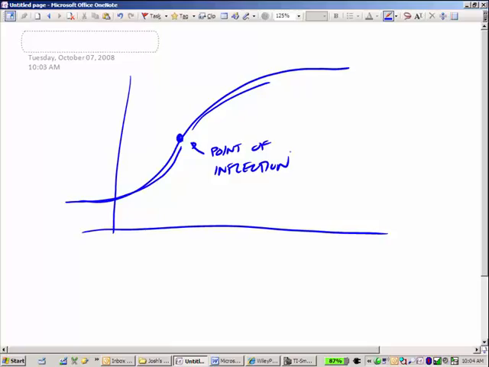As a business, you don't want to store items. You want to sell items. So when you can model your sales and you know where that point of inflection is, you still want to make them because people are still buying them, but you don't want to make them as fast. So points of inflection can be a very important tool to analyze functions.